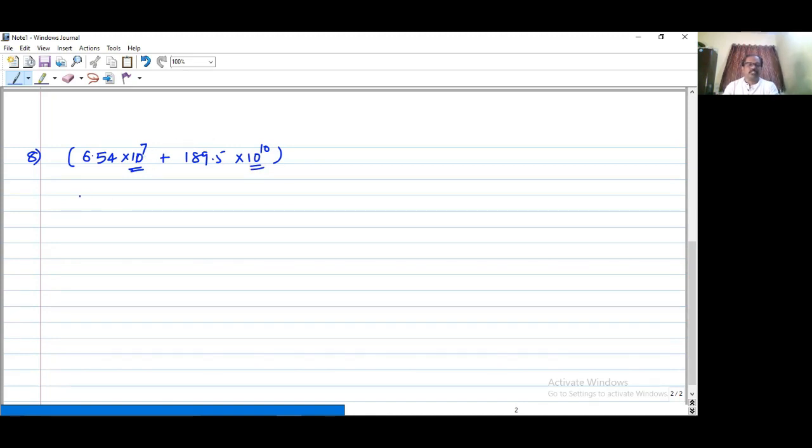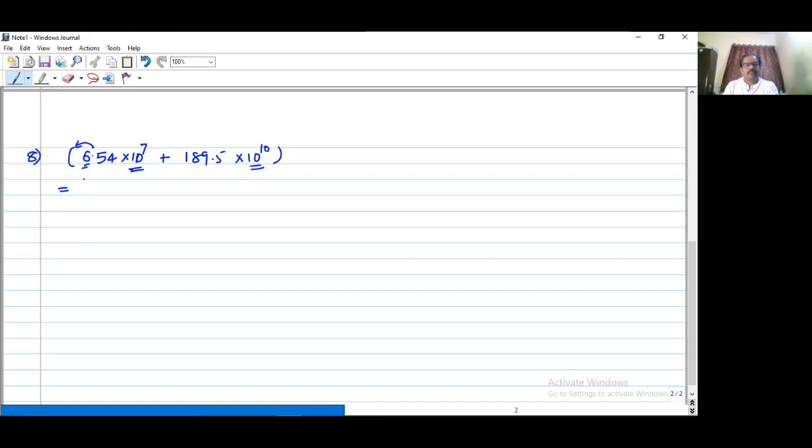I will make this 10 to the power 7 in terms of 10 to the power 10. To make 10 to the power 7 into 10 to the power 10, we need to add 3 to the power, which means we need to move this decimal 3 places to the left side.